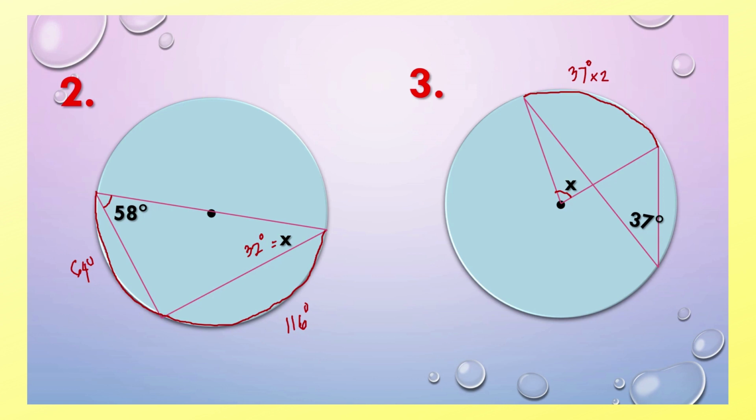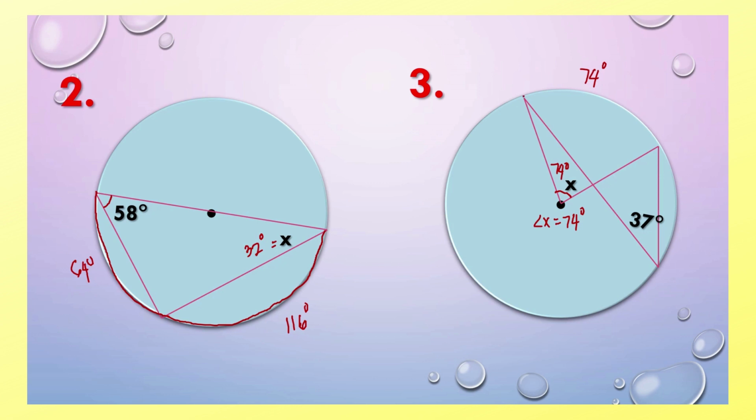Okay, so 74 degrees is the measure ng kanyang intercepted arc. 74 degrees. So the measure of angle X is 74 degrees also. So times 2 mo lang yung ating inscribed kasi the same sila eh.